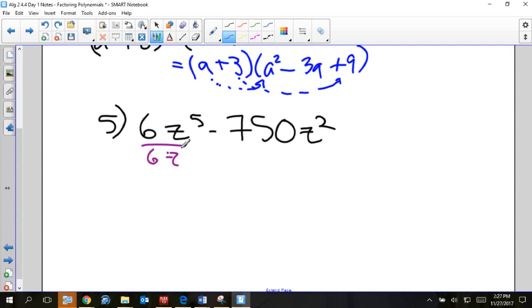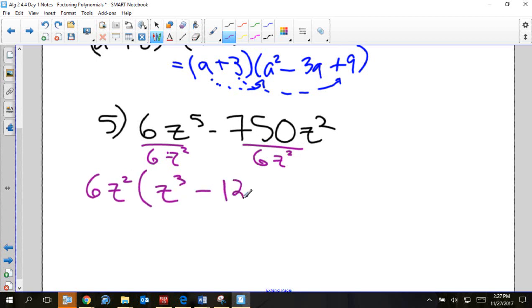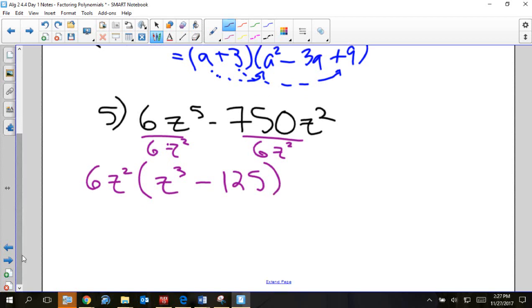Z squared? So I have z to the third minus 125 left over. And we say z to the third minus 125. Is that perfect squares or perfect cubes? Cubes. All right, then I need to know my formula.